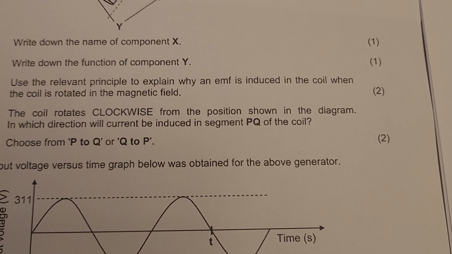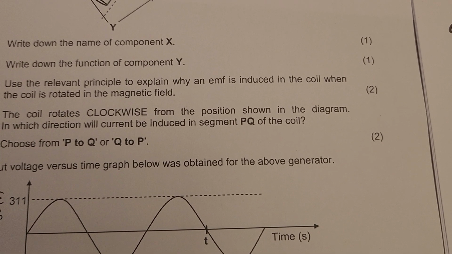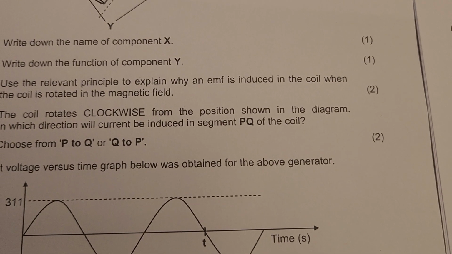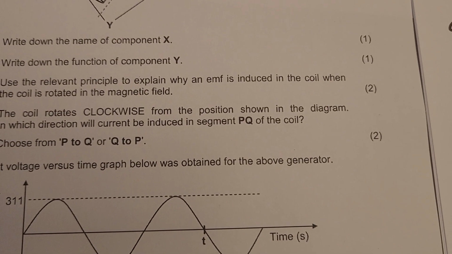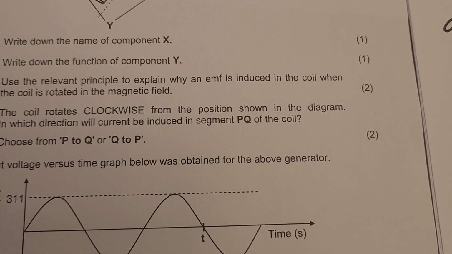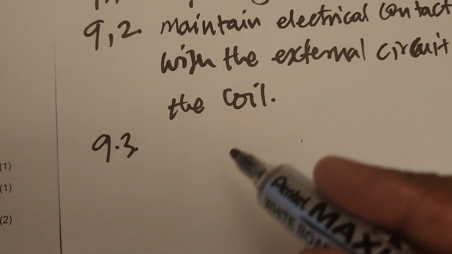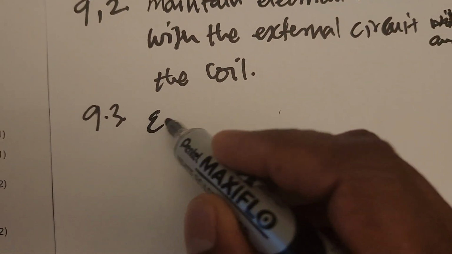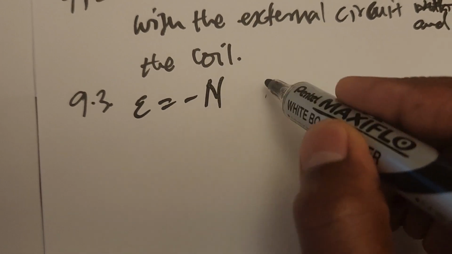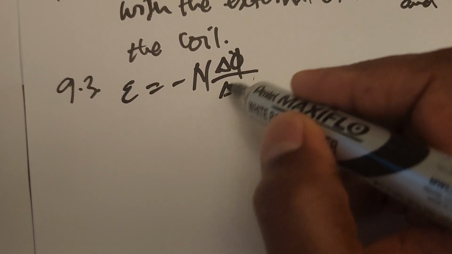Use the relevant principle to explain why an EMF is induced in the coil when the coil is rotated in the magnetic field. We're going to use Faraday's law here. According to Faraday's law, the induced EMF is defined by this, the phi and this.